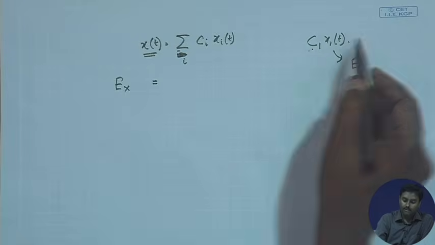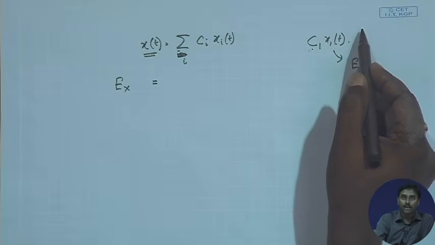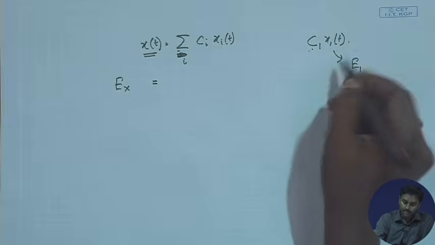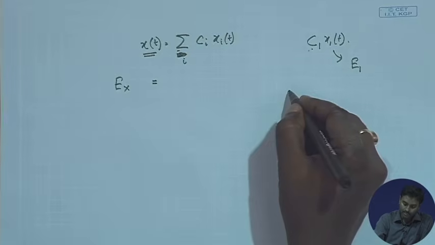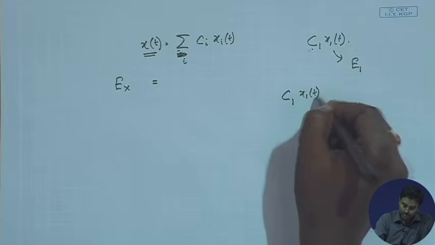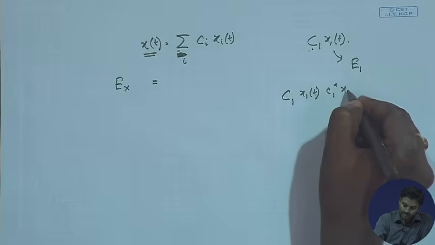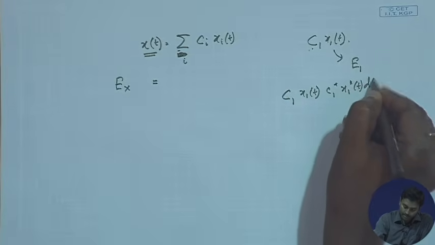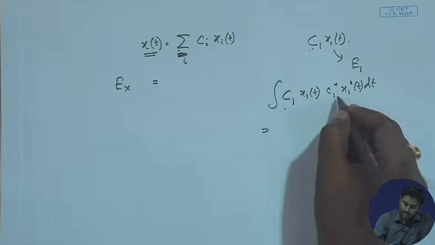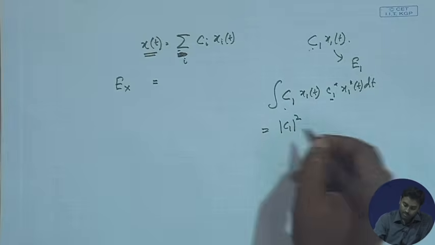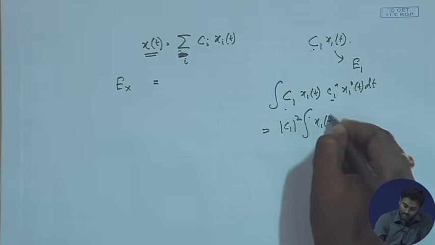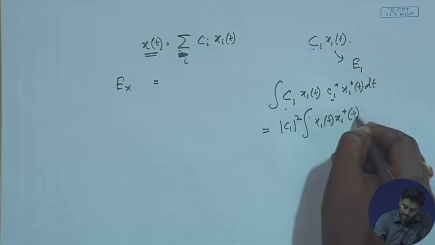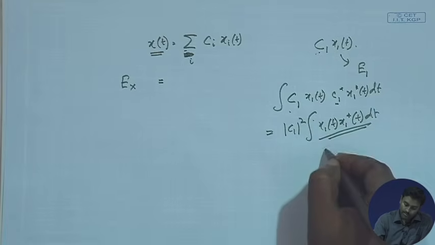So, C1 into C1 star, that is mod C1 square, will go out of the integration. The integral of x1(t) x1 star(t) dt is the energy of x1, which is E1.